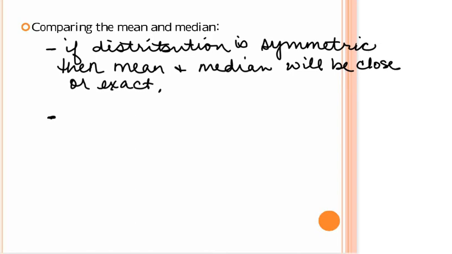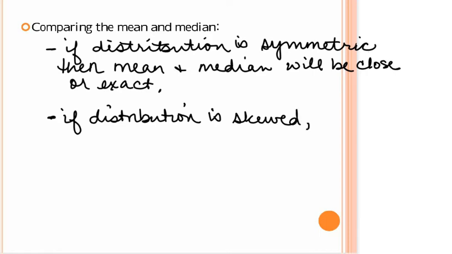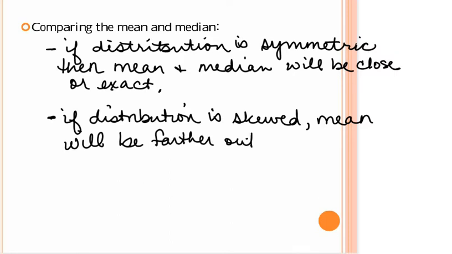But if your distribution is skewed, the mean will be farther out on the tail than the median.